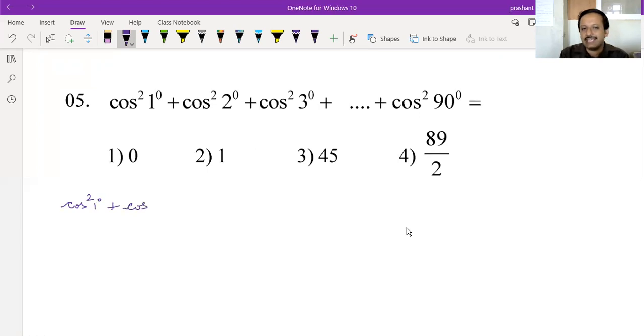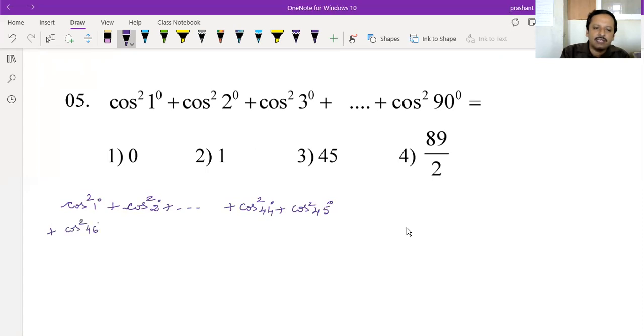So now there are 89 terms, starting from cos square 1 degree to cos square 89 degree, because cos square 90 is 0. So cos square 1 degree plus cos square 2 degree, etc., till cos square 44 degree plus cos square 45 degree plus the remaining terms I'll write here.